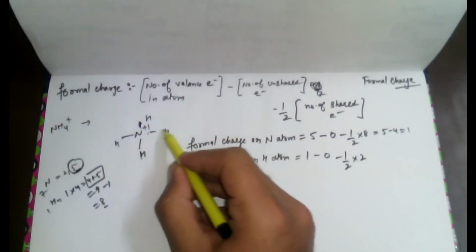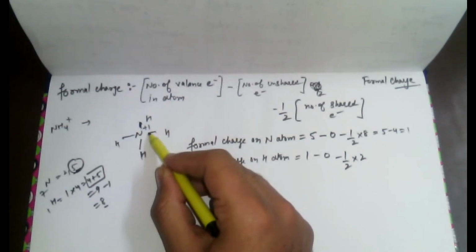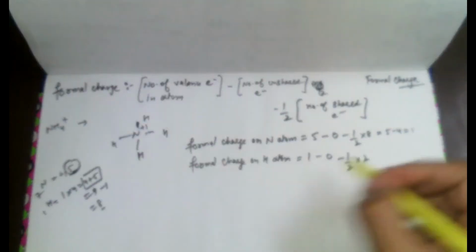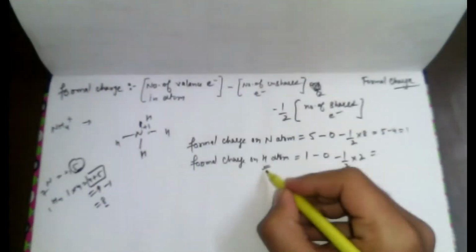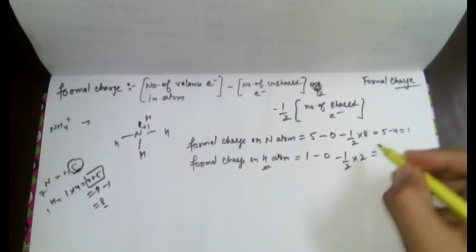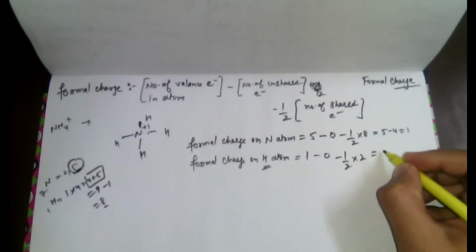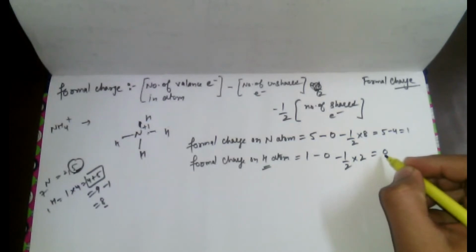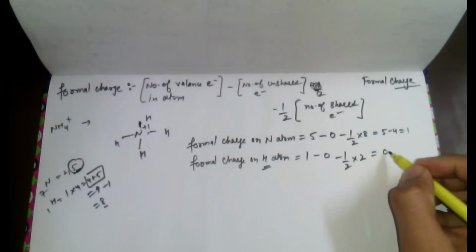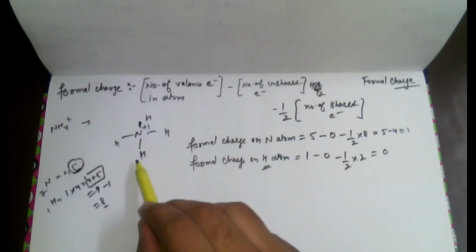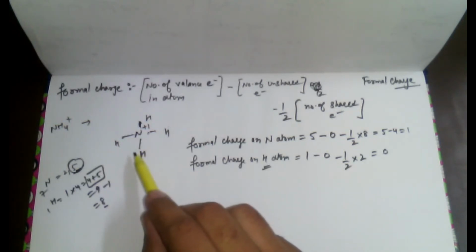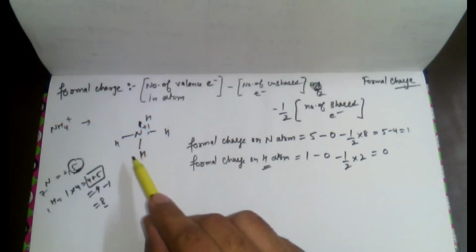So we are talking about a single hydrogen atom, and the overall charge would be 0. So we can say the charge on each of the hydrogens is 0, because all of them have the same behavior.